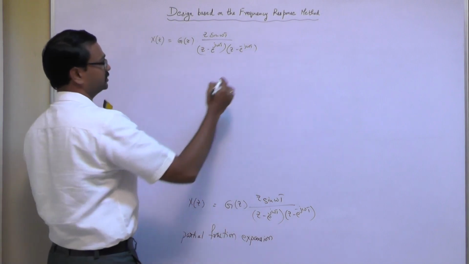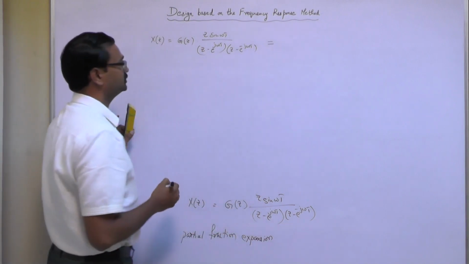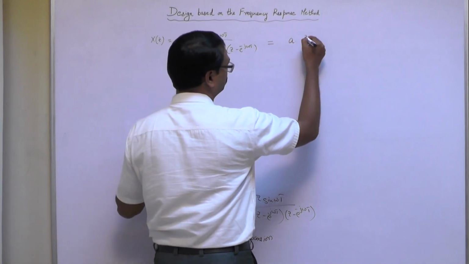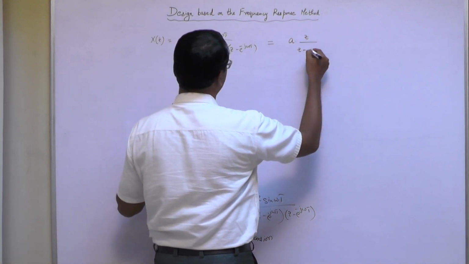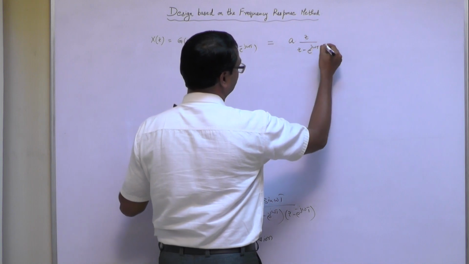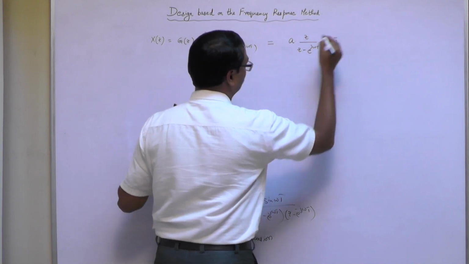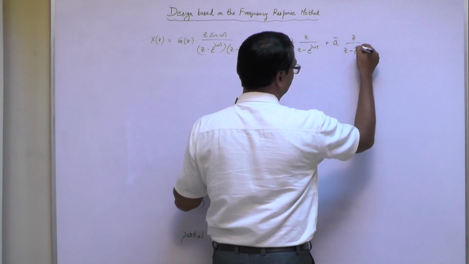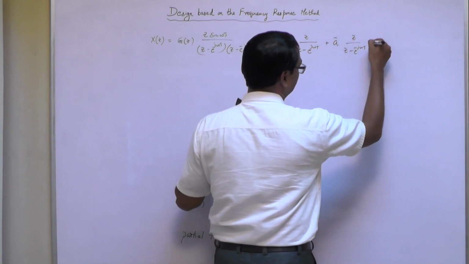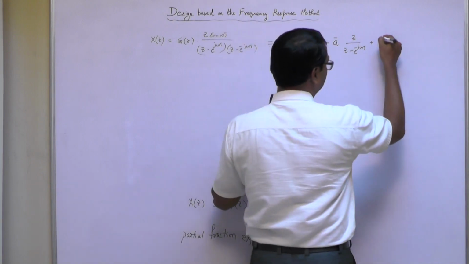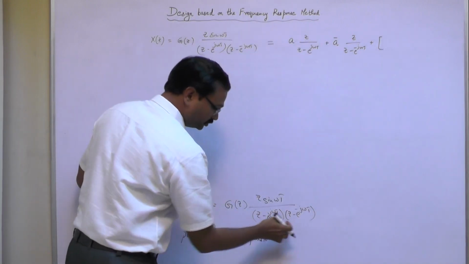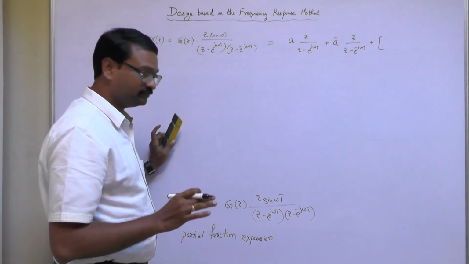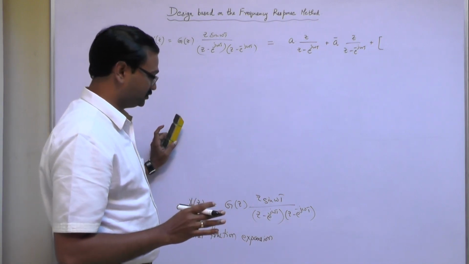I just replace this here, and with this you can say that it equals some constant A into z by (z minus e power j omega t), plus A bar into z by (z minus e power minus j omega t), plus terms, because we have these two in the denominator, and g of z is a plant which is a stable linear time invariant discrete time system.